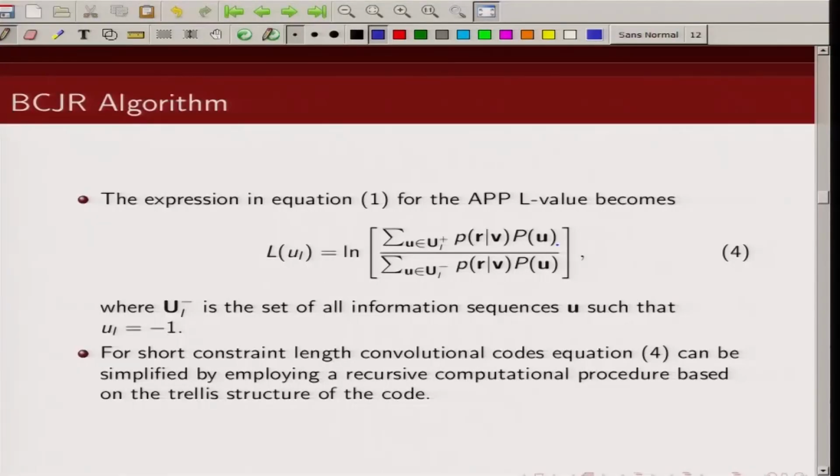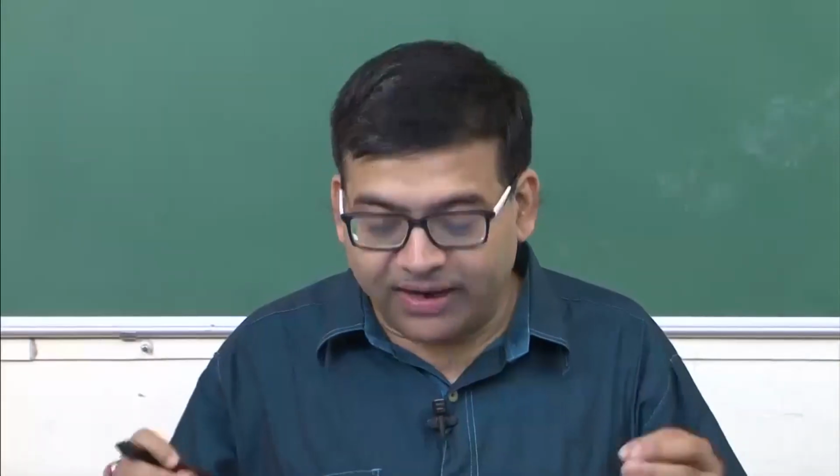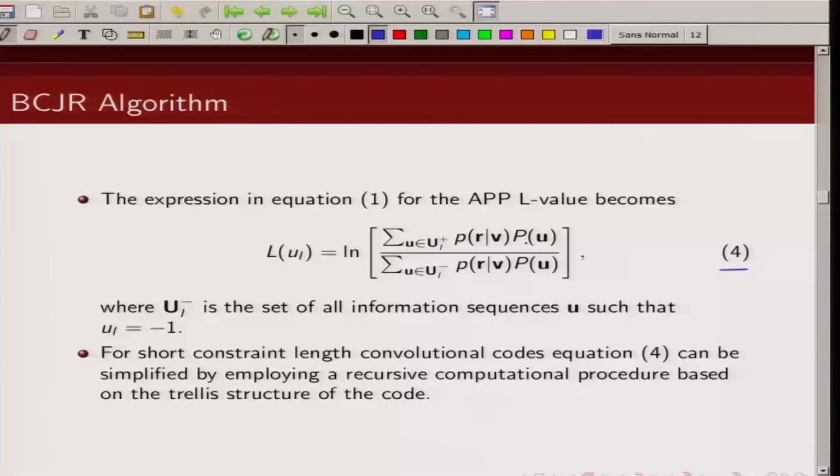We are going to simplify equation 4 by using the trellis structure of the convolutional code. We know all possible transitions are not possible. Our trellis diagram or state diagram will tell us what the valid transitions are, so we can simplify this expression using the valid state transitions.